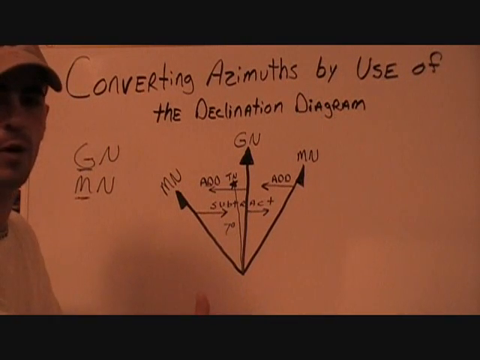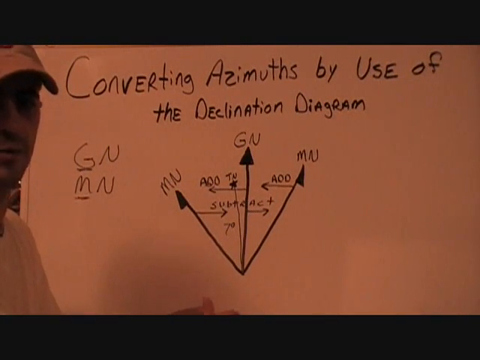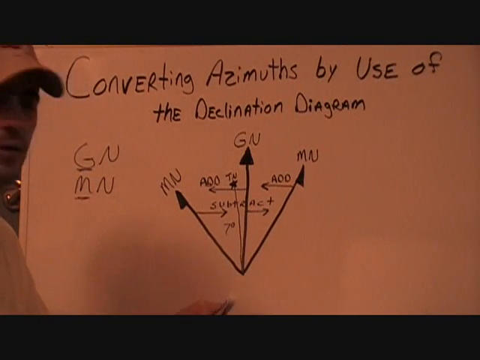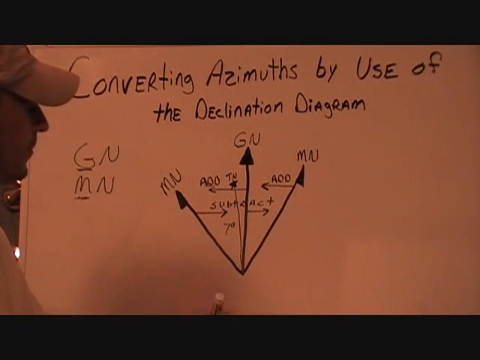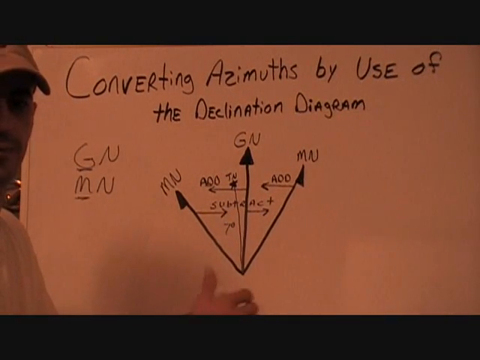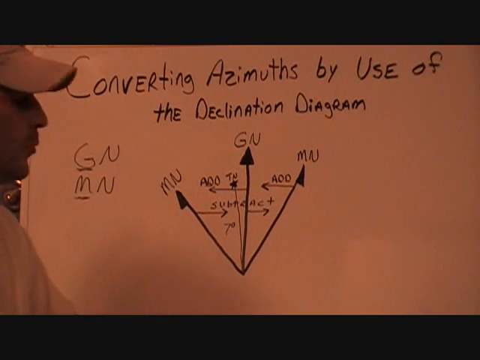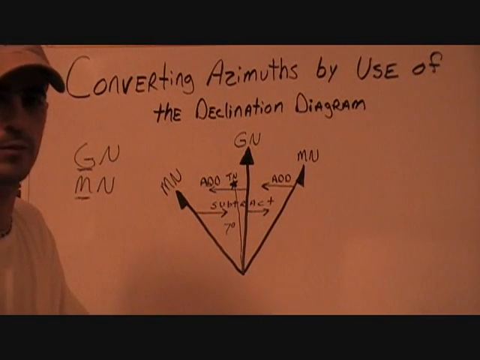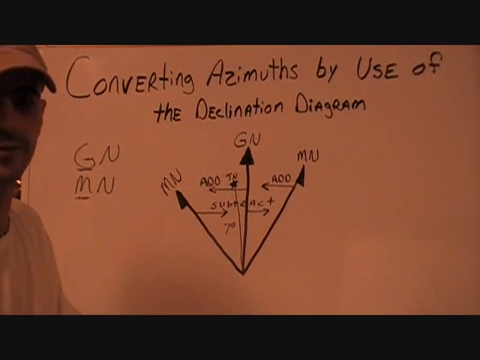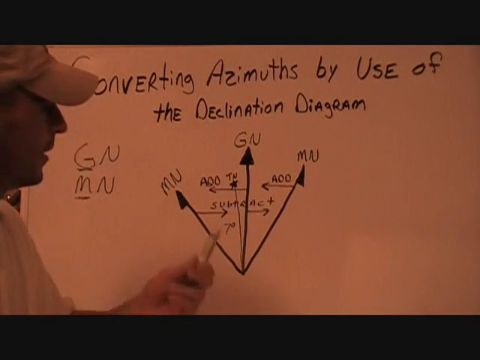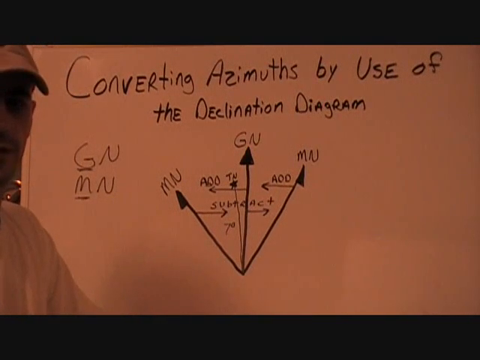So depending on what map you're looking at, like I said, they're all going to be different as far as the declination diagram. So this is kind of a little cheat sheet that'll help you out in the field. And again, I just wanted to clear that up. This is pretty important information. I didn't want to steer somebody the wrong way, especially with land nav, and get somebody lost. So that's the reason for shooting this video.